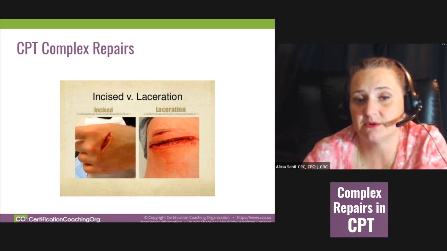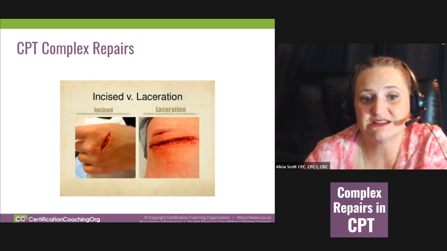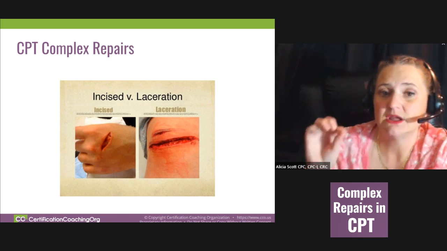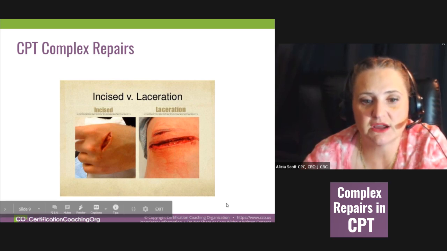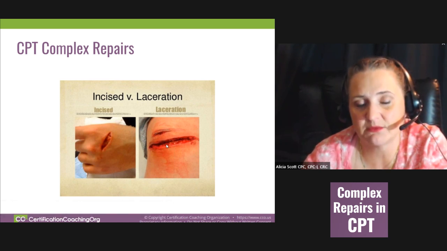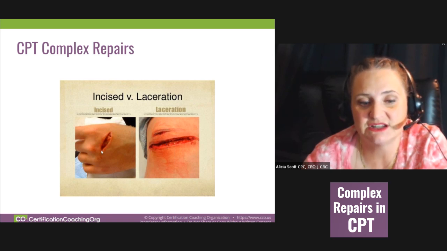An incised wound is going to be a pretty simple repair unless it's deep enough that they have to do a layered closure, and they could, but you're not going to have that debridement and stuff probably. But this, of course, is going to absolutely, the tissue underneath has been compromised differently than the tissue under here.